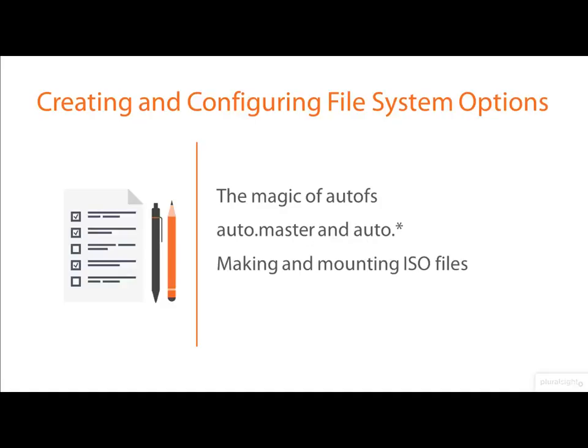We saw how we could make and mount ISO files. So the ISO file is looking at a single file that is representative then of the ISO file system. So we can include multiple files or directories within then our ISO file system and then either burn it through to a physical disk or mount it.